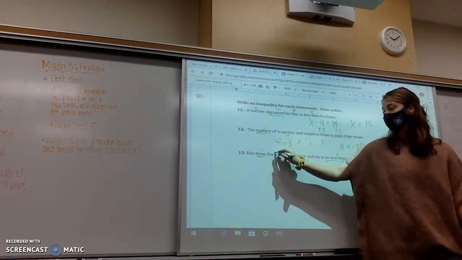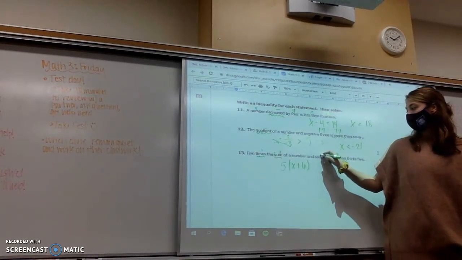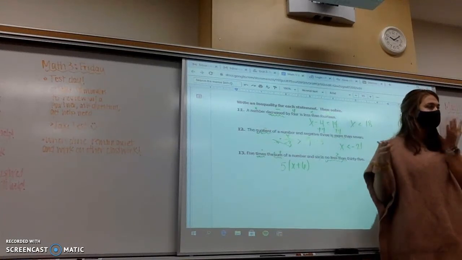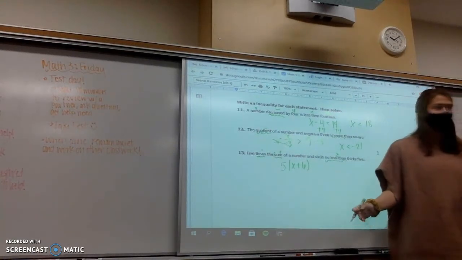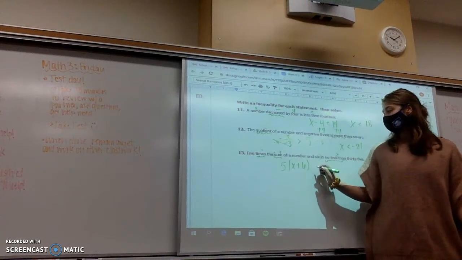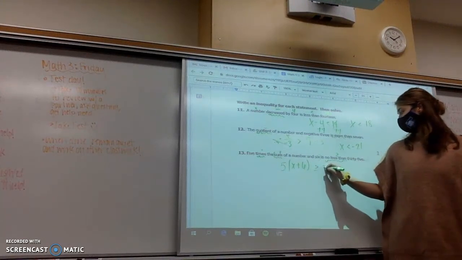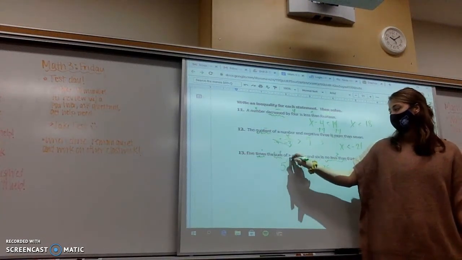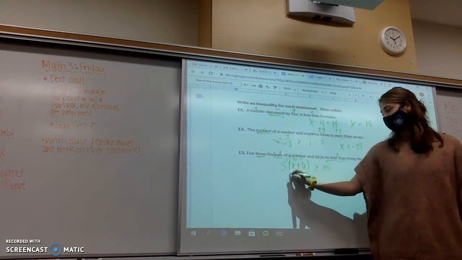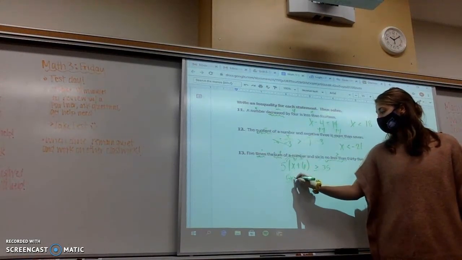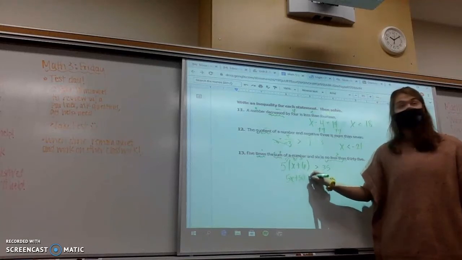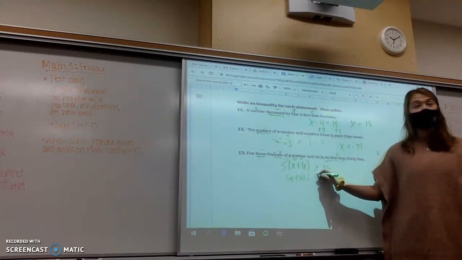We have to do the sum first, and in order for us to do the sum according to PEMDAS, we have to put it in parentheses, right? So now it is greater than or equal to 35. I'm going to do the distributive property. I get 5x plus 30 is greater than or equal to 35.